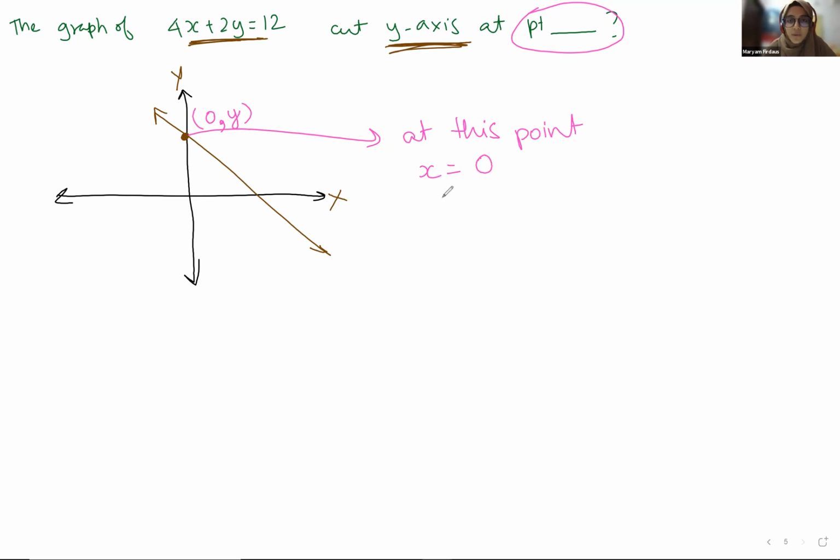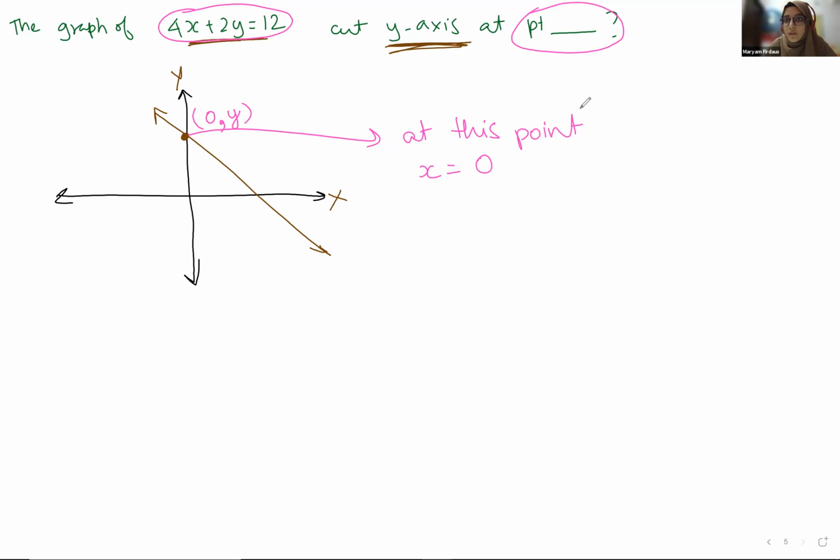Why does it take so long for you guys? And why do we not know the y? So can we put x is equal to 0 in this equation? Why are we putting x is equal to 0? Because this point lies on this line, so it satisfies its equation. So we can safely put x is equal to 0 over here.